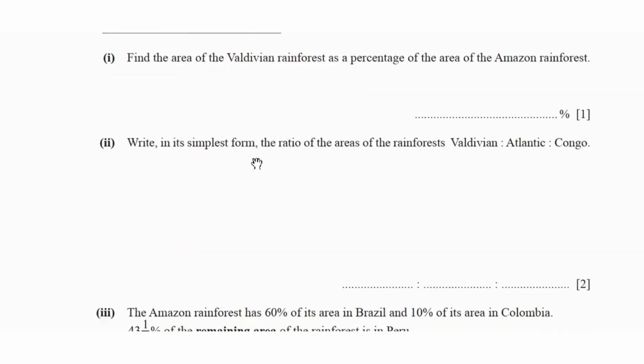Then it says, write in its simplest form the ratio of the areas of the rainforest, Valdivian, Atlantic, to Congo. So Valdivian was 250,000. Atlantic is this, and Congo is 2 million.